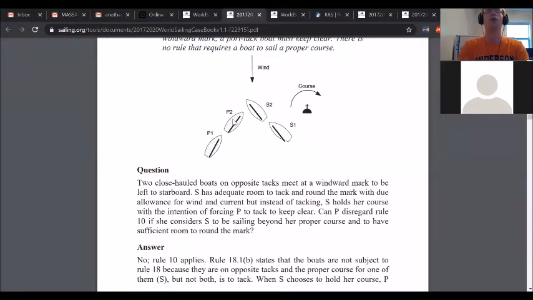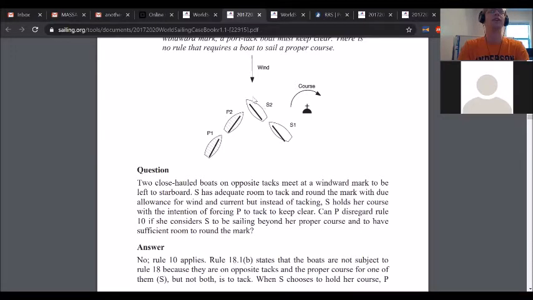There's no mark room of any sort going on here, which means that the port tack boat is not entitled to mark room. It kind of looks like this guy would have been the inside boat anyway, but they are perfectly within their rights to keep going as long as they want, even if it means that this guy is forced to tack away or forced to duck.